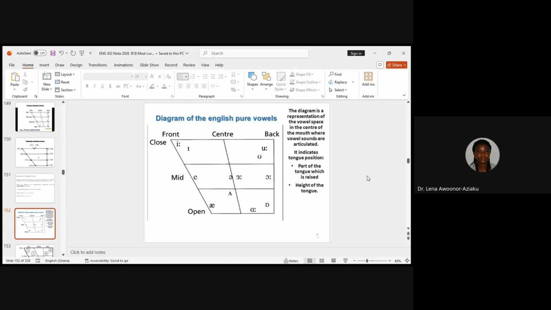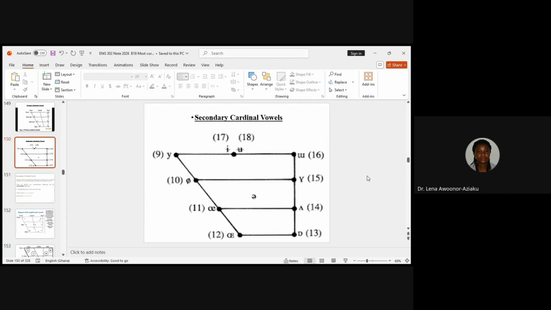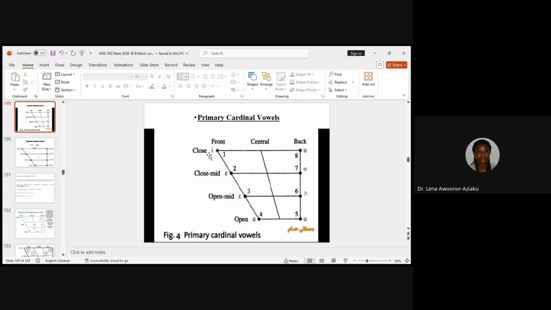This is a vowel quadrilateral or chart propounded by Daniel Jones. He determined that you can have a highest point where you can raise your tongue to make the highest vowel. Beyond that, you'll be constricting the vocal tract to produce a consonant. So the highest that he has found, going back to the cardinal vowel, is this vowel.